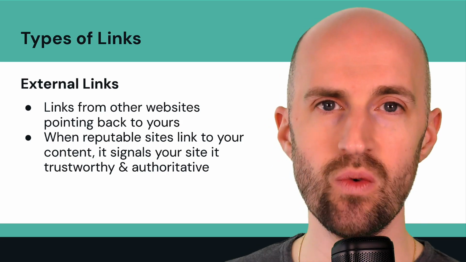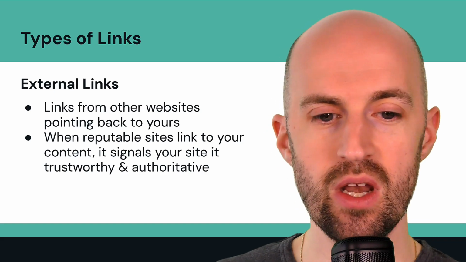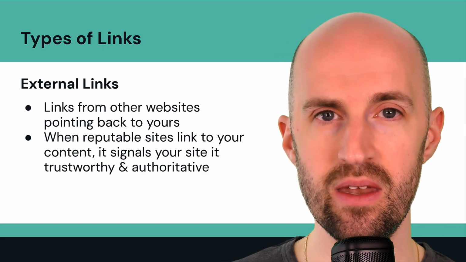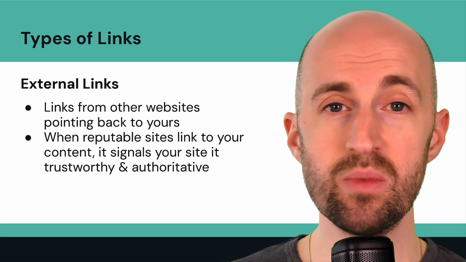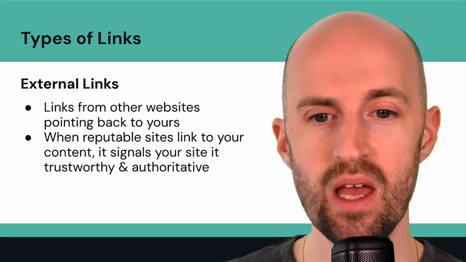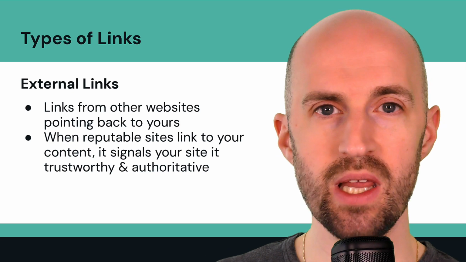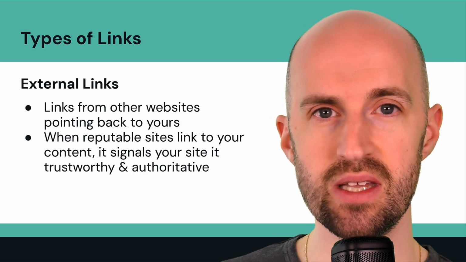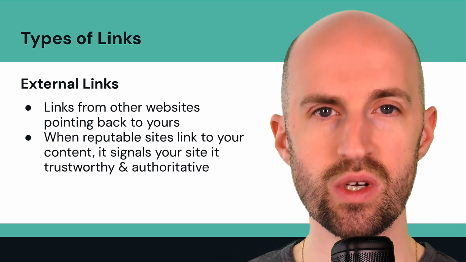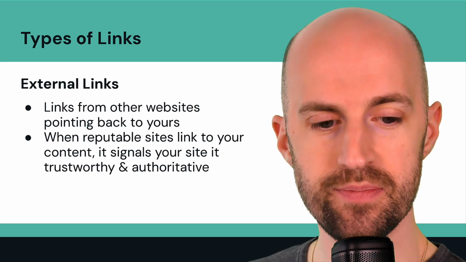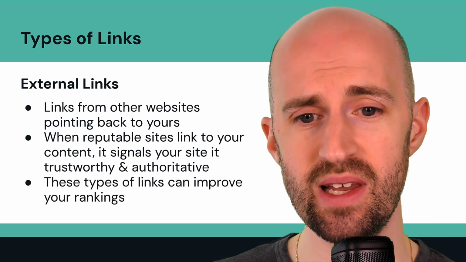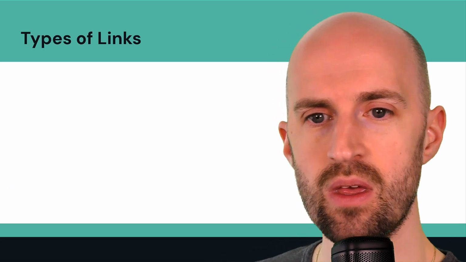If you associate with a certain type of people, then you're also assumed to be that type of people. So same with websites. If you're linked to from really highly credible sites, then automatically your site also looks credible. So these types of links can improve your rankings.